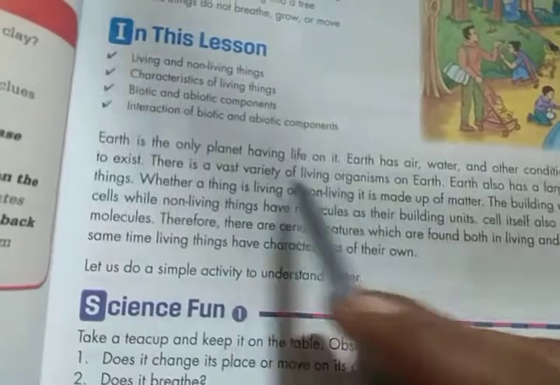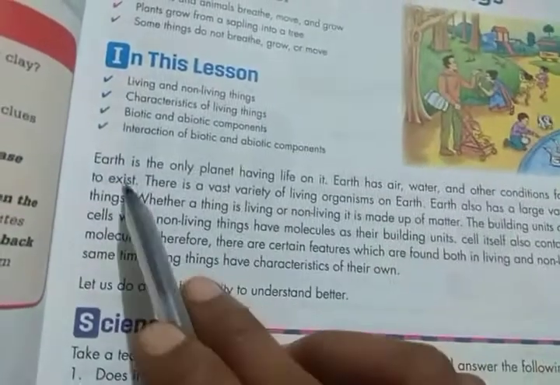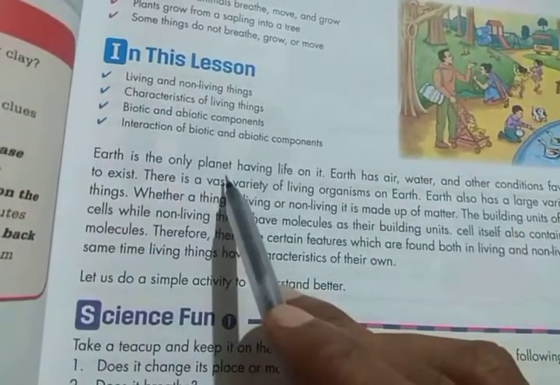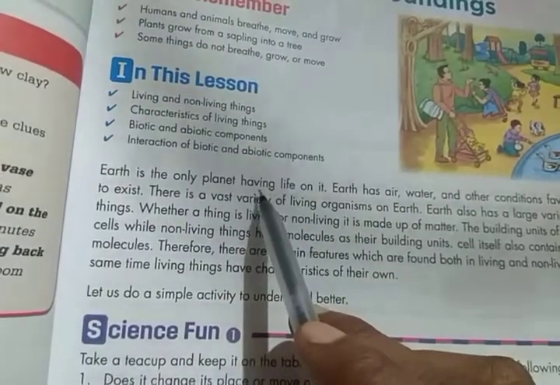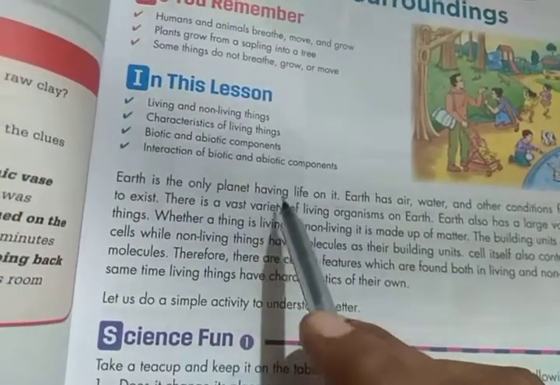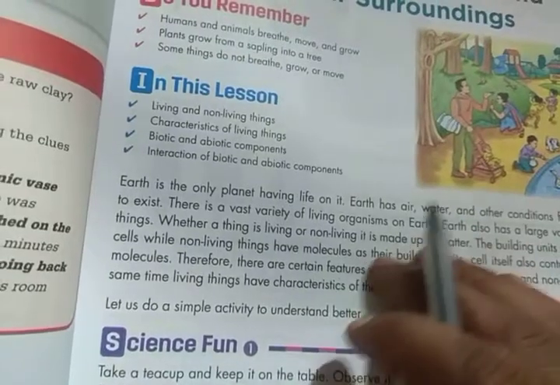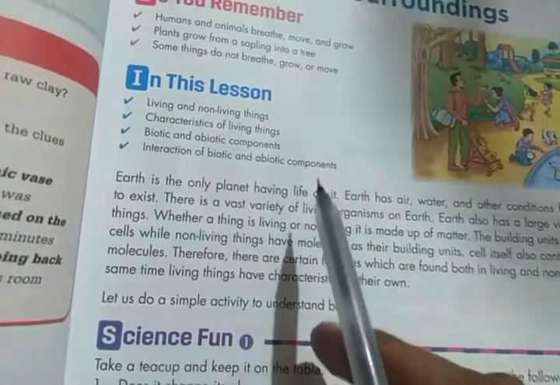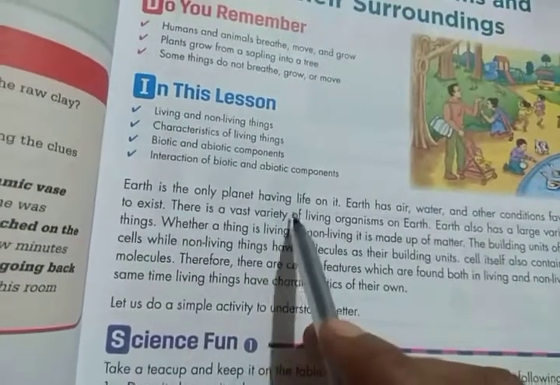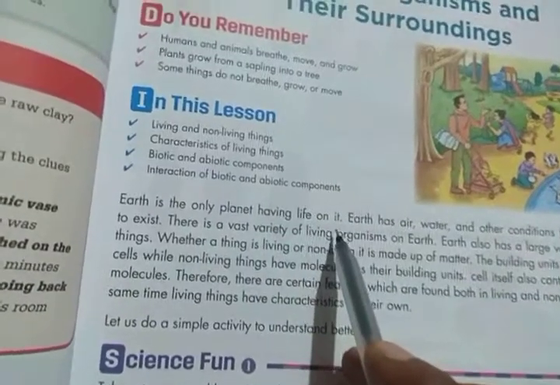Earth is the only planet having life on it, as we know. There are many other planets like Jupiter, Saturn, whatever. But Earth is the only planet having life on it.